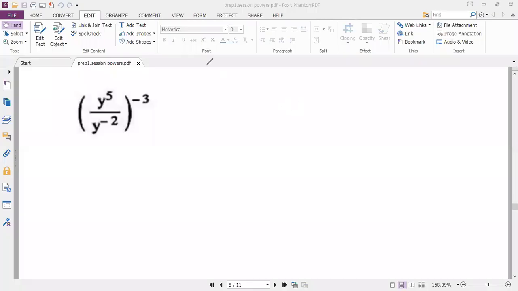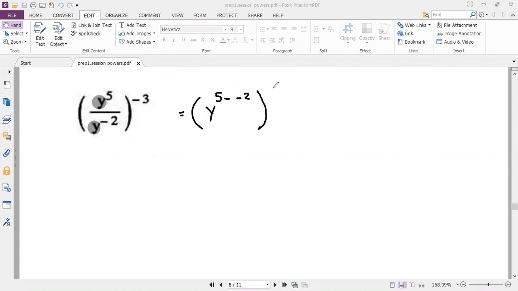In this example, we have y raised to the power of 5 over y raised to the power of -2, all raised to the power of -3. Because they are like bases, y to the power of 5 divided by y to the power of -2. They are like bases. So write y as it is and subtract powers. 5 minus -2.